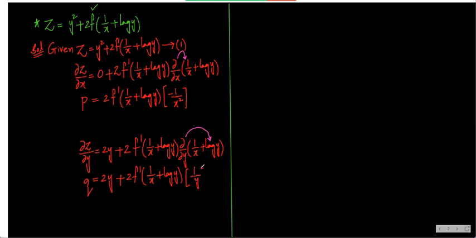Now what I'm going to do is replace this value. I want to get the value of 2 times f dash of (1 by x plus log y), and I will take it from here. How to get it? Cross multiply this x square to that side, it is px square, and the minus sign also goes to that side: minus px square is equal to 2 times f dash of (1 by x plus log y).